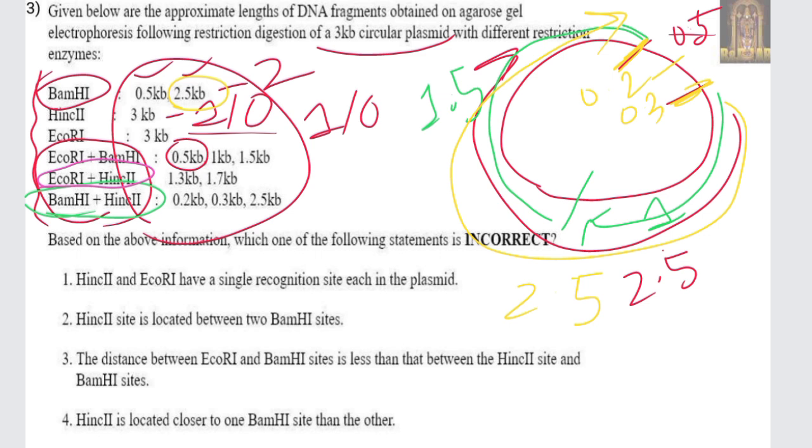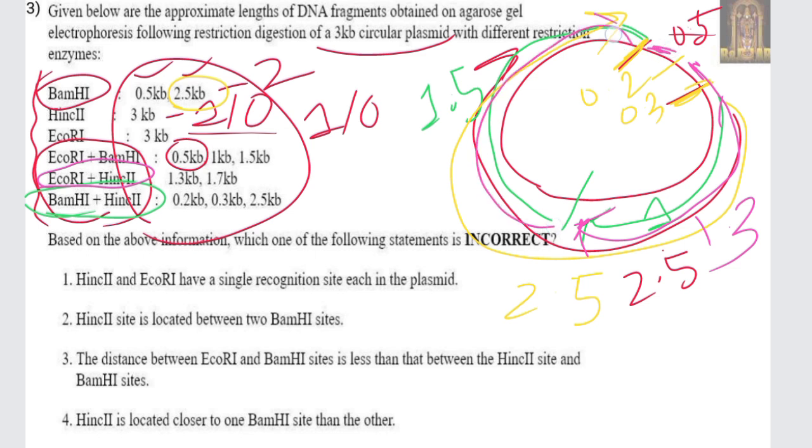When it was treated with both endonucleases, it produced a 1.3 kb stretch. This stretch, the 1.3 kb, means this is the 0.3 kb, and this green one is the 1 kb, so the whole total is 1.3 kb. And here this is the 0.2 kb, and the rest is the 1.5 kb.